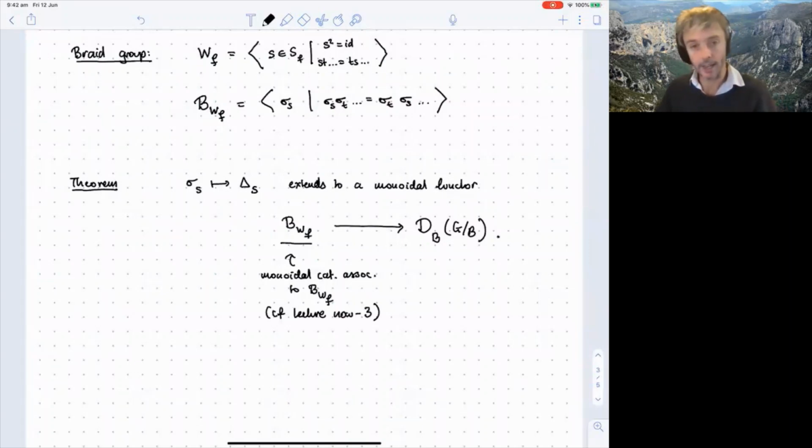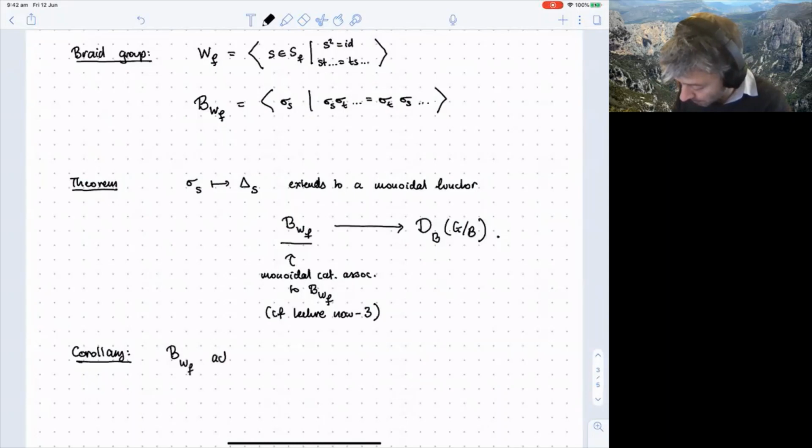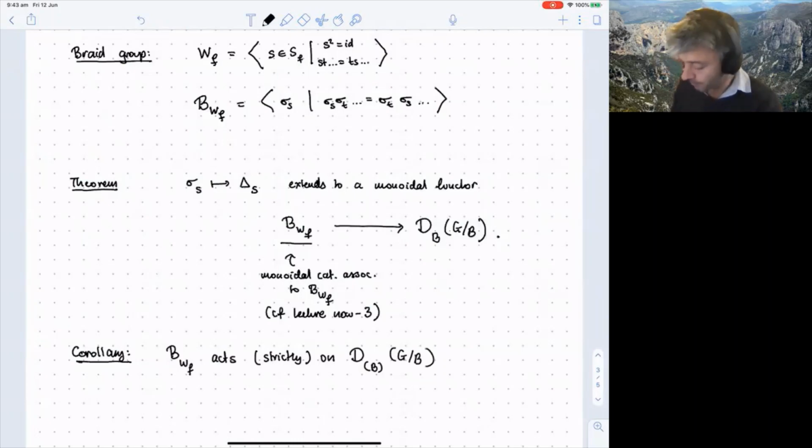So I want to explain how to prove this, but first a corollary of this is that this braid group acts strictly on D^b(G/B).